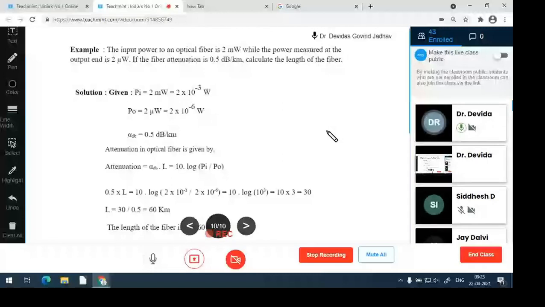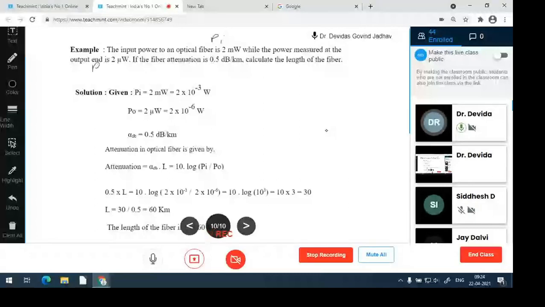Example: the input power to an optical fiber is 2 milliwatt. So this is Pi. While the power measured at the output is 2 microwatt.